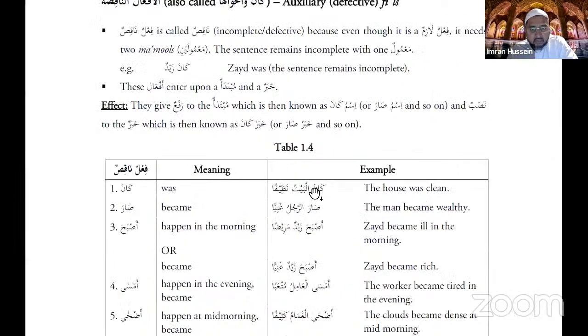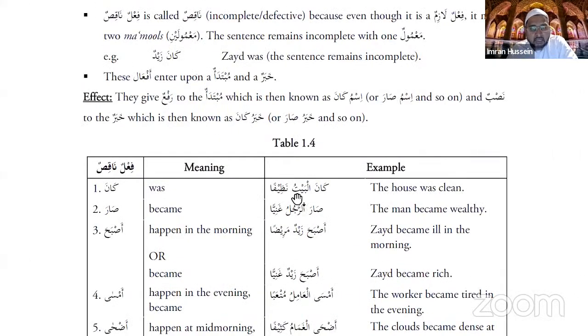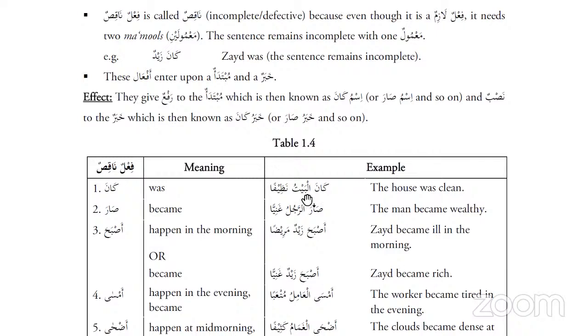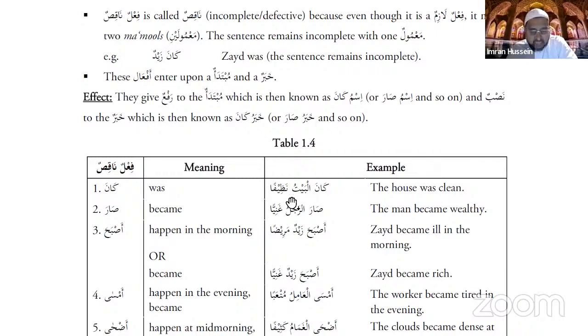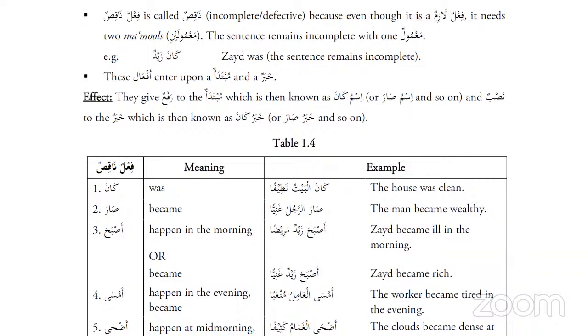Ignore Kana. If we just said al-baytu nadhifun, what does that mean? The house is clean. What type of sentence is this? It's a nominal sentence.